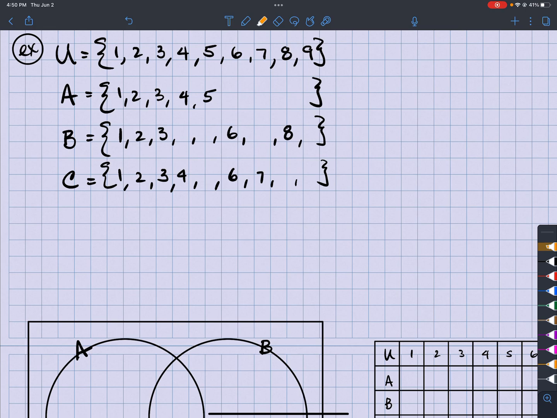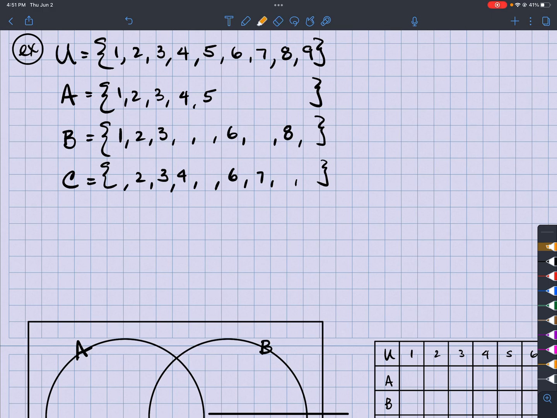So if I look at the ones, oh, sorry, C does not have a 1. It's 2, 3, 4, 6, and 7. There we go.